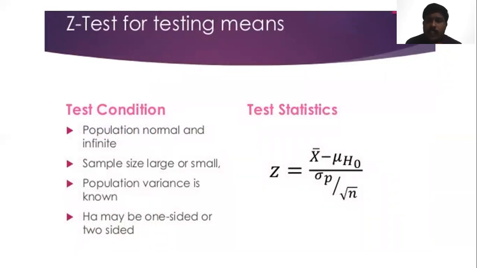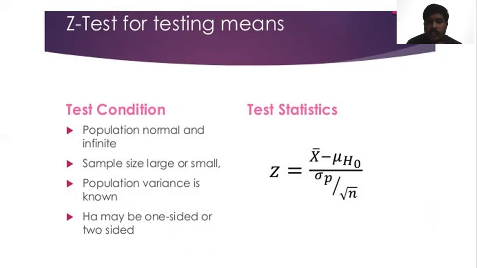There are so many tests in hypothesis testing. Here in this session, we are going to see the top 4 important tests. The first test is the Z test. The Z test formula is given to you. Z is equal to x bar minus mu of H naught, that is the value with respect to the null hypothesis, divided by sigma p, the standard deviation, by root of n.